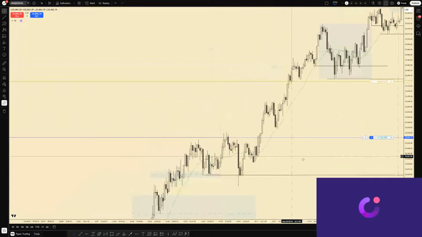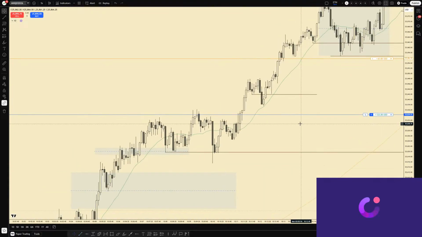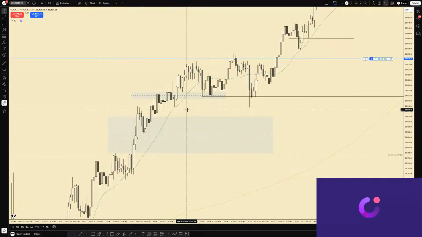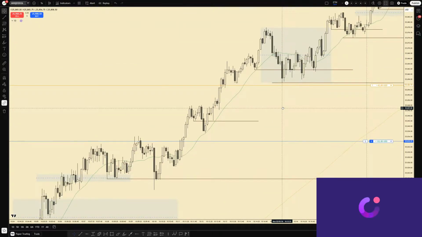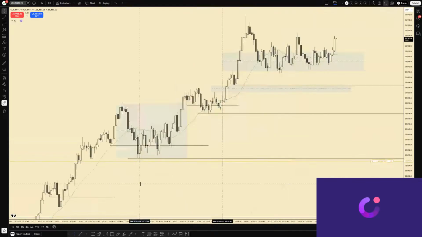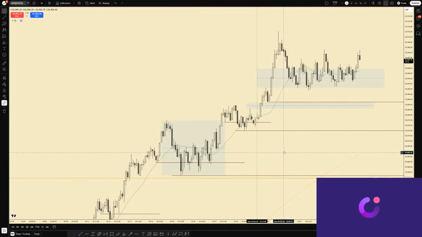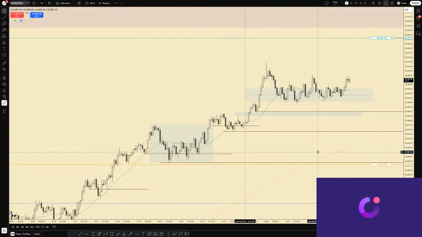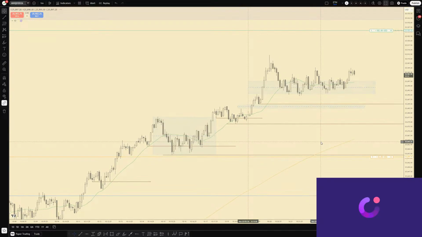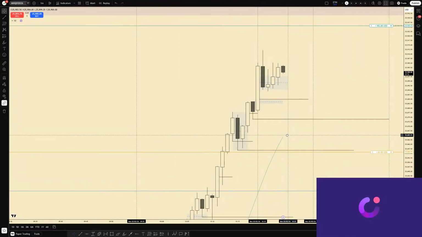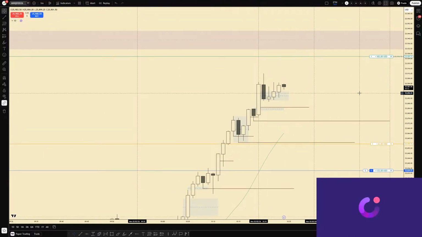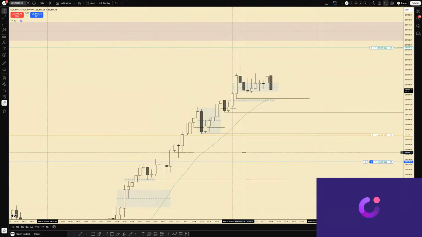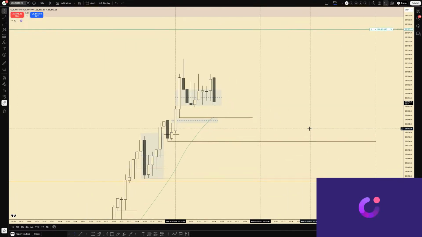If I can't find a setup, I can just switch to 5 second and I can see many setup opportunities along the way, right? Plenty of setups, but the lower time frames work properly only when momentum is really high and strong. And when the momentum is high and strong, you don't need to go to those time frames. You can look at 30 seconds. You can use imbalances, order block candles. Okay.